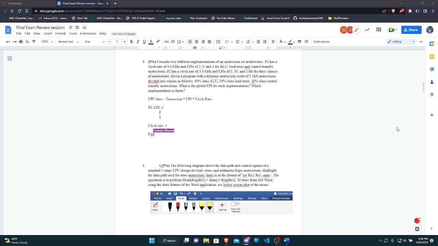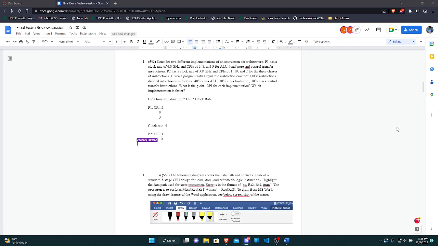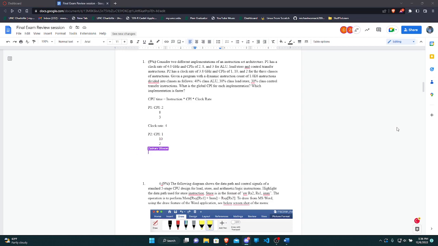So P2 has CPIs of 1, 10, and 8, and the clock rate is 3.8.